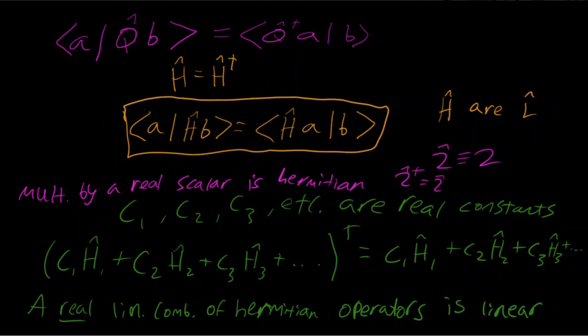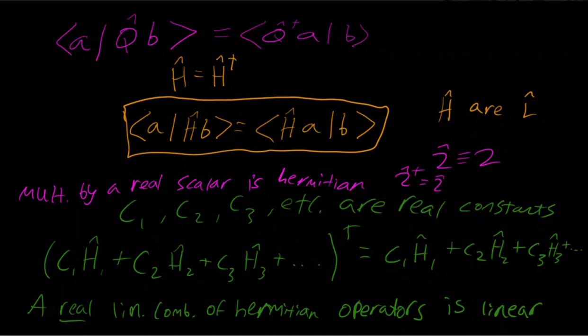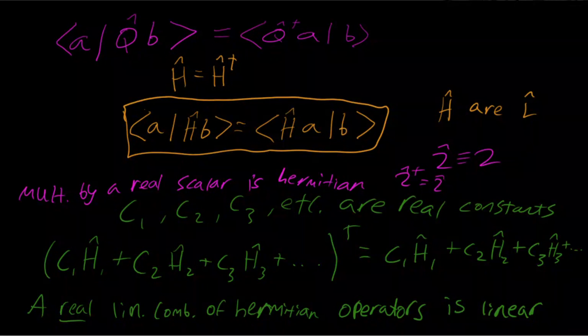Okay, so hopefully we have this down. These are just a few things, right? If we can combine different Hermitian operators in a superposition or in a linear combination, they'll still be Hermitian, and still then be linear as well, as we have talked about before. So hopefully this makes sense. If not, please rewatch this video. Make sure you understand these properties.